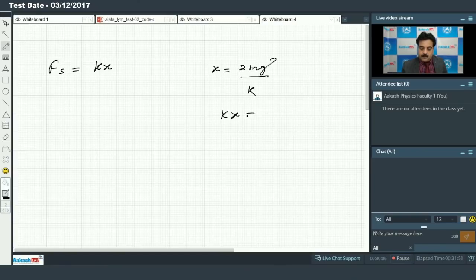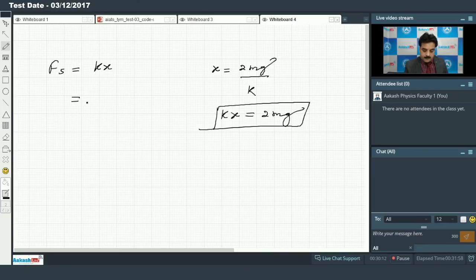So if I want to calculate kx, that is equal to 2mg. So the spring force at that instant is 2mg, but the direction of this force is up because स्प्रिंग अपने चेंजेस के अगेंस्ट में वर्क करेगी, तो ये फोर्स होगा स्प्रिंग का ओनली 2mg.